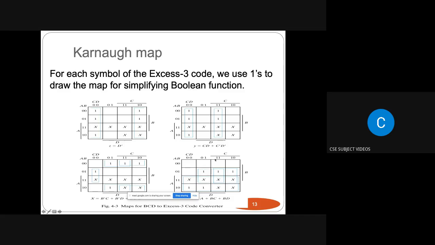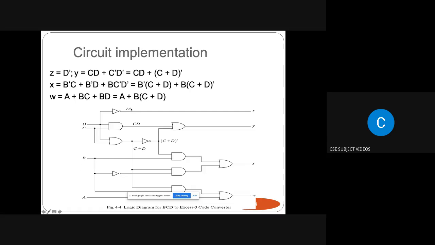So in this way, we have found out the Boolean function, and after finding the Boolean function, we have to draw the circuit diagram. So this is the circuit implementation for BCD to XS3 code converter. If necessary, we can simplify the Boolean expressions.